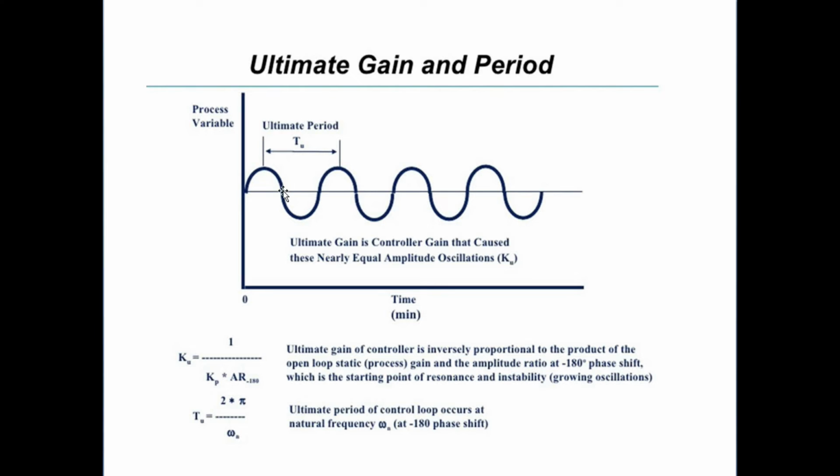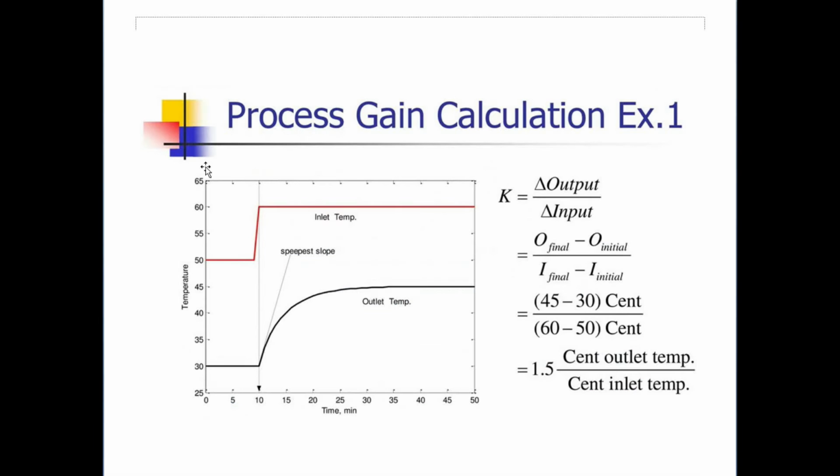Whatever point you take initially, the same point you have to take as the T2 value. If you take this peak to peak, this will be T1, this will be T2. So T2 minus T1, whatever you get, is nothing but the ultimate time period, right? So likewise you can determine the ultimate time period.